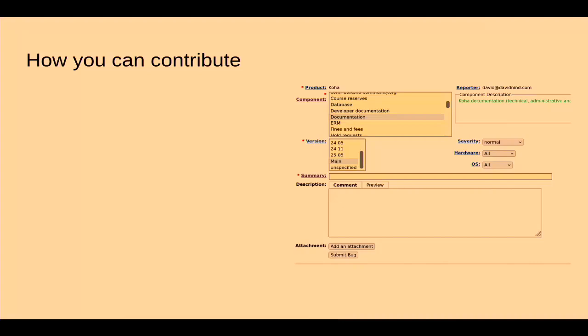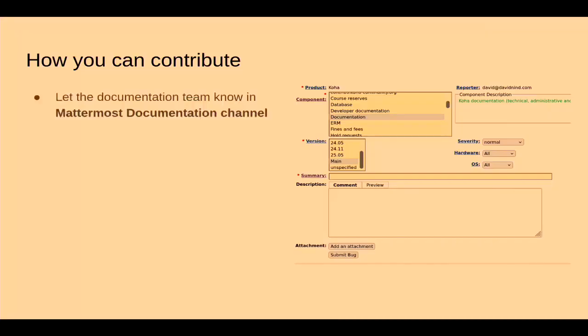So how can you contribute to our documentation? It is the manual, but there's also a few other things. If you find documentation issues, you can let us know in the Mattermost documentation channel.